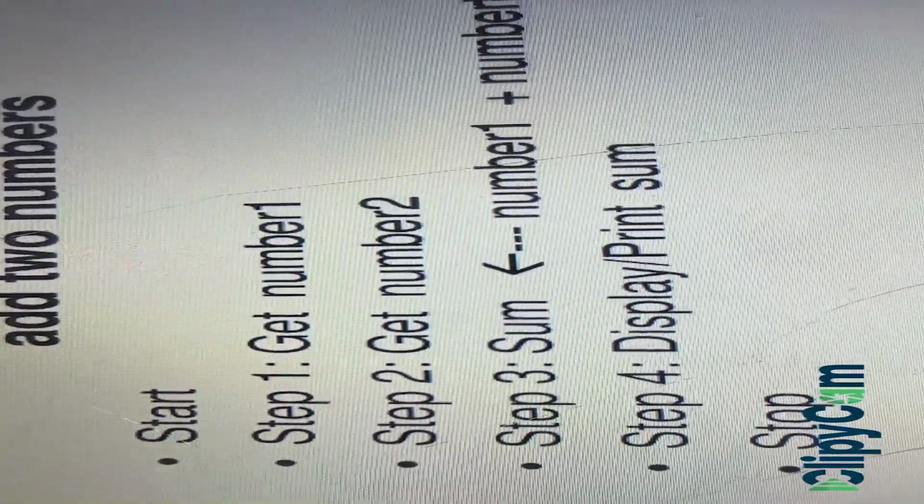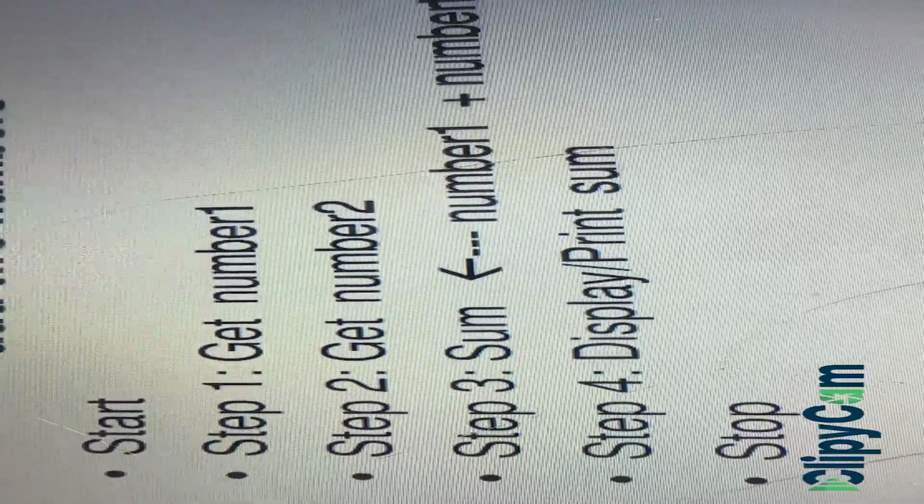Now look here, this is another example, add 2 numbers. Step 1, start, you can write get 1 number or input 1 number, input second number, sum is equal to number 1 plus number 2, display or print sum, stop, right? Algorithm may be written by the person's logic, right?